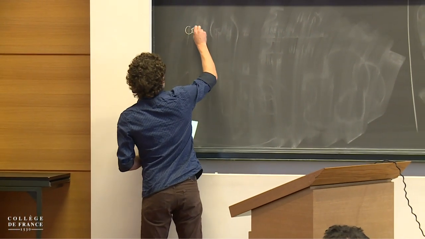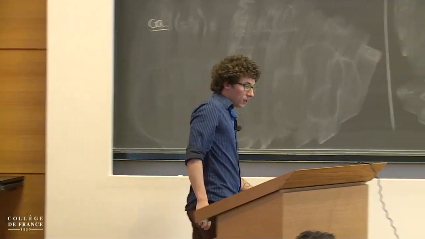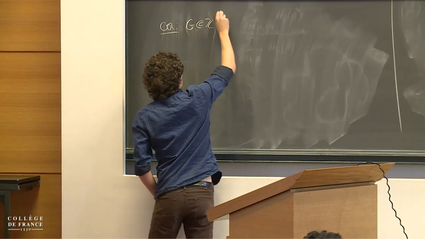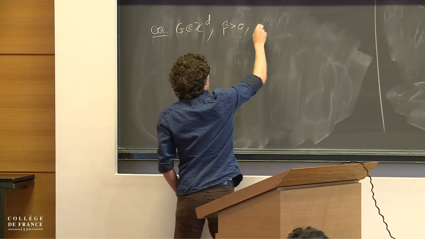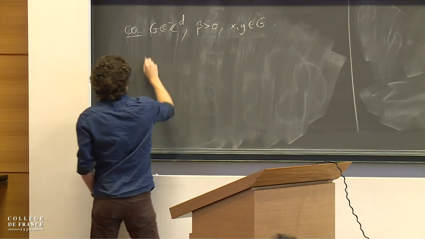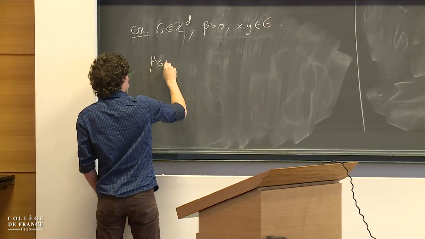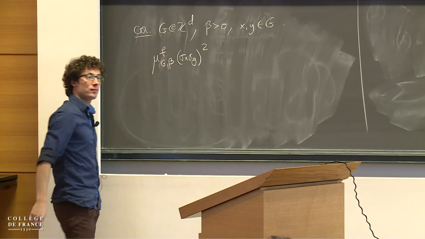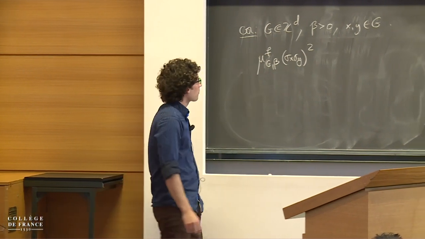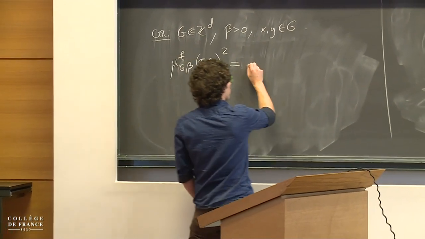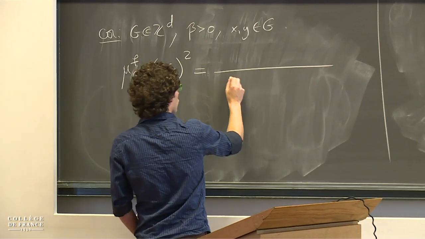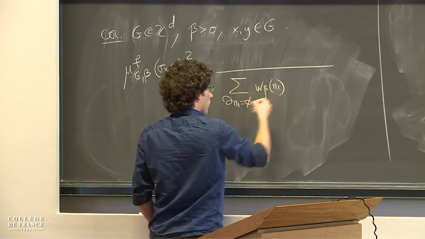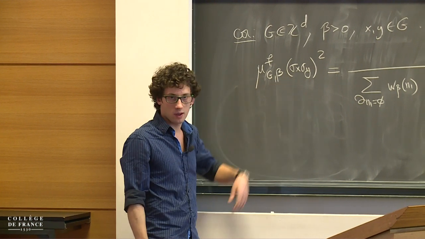So, let's start with a few corollaries. For instance, let's look at this quantity. You fix G, beta, and x, y in G. What is this thing, squared? Well, you can look first, there are two partition functions. There is this guy for the first partition function.